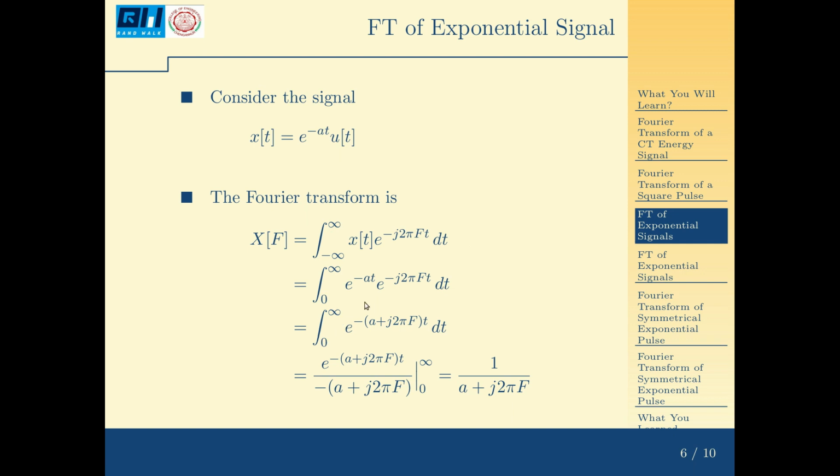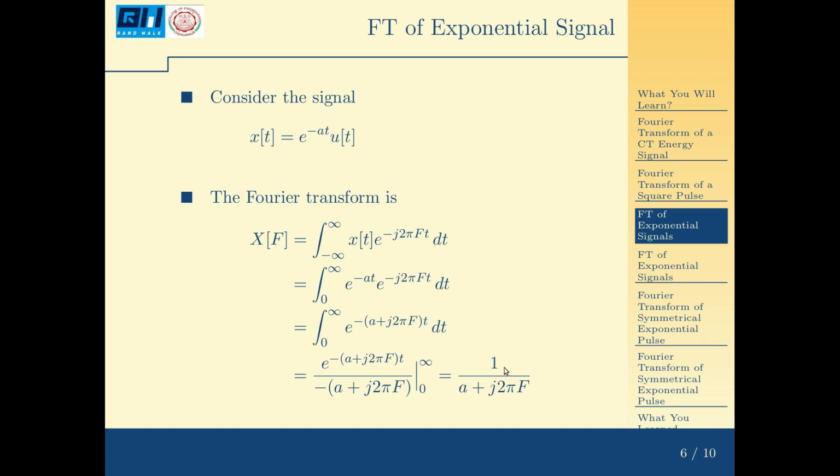Upon combining these two terms, it becomes e raised to minus of (a plus j 2 pi f) t dt. On integration, it becomes e raised to minus of (a plus j 2 pi f) t divided by minus of (a plus j 2 pi f), from 0 to infinity. Now the upper limit will be 0 because it's an e raised to minus infinity term. The lower limit will be e raised to 0, so we get 1 by (a plus j 2 pi f).